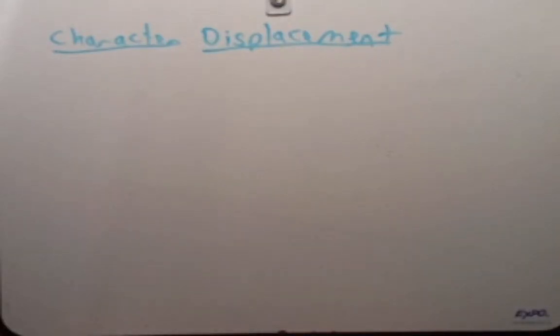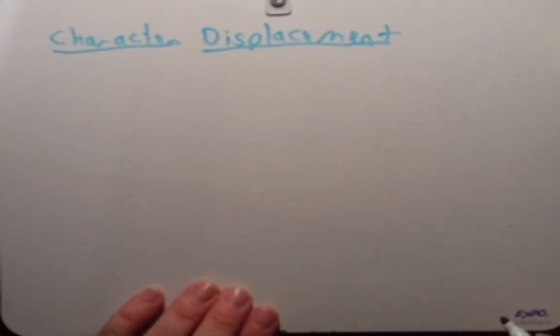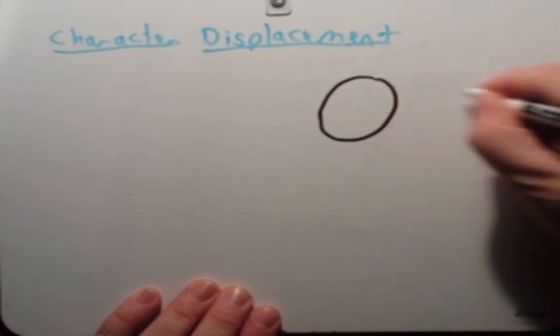All right, let's talk about character displacement. This is related to our last conversation on resource partitioning, where different organisms have to develop new characteristics in order to survive because two species cannot coexist with the same resources. And your book talks about a really good example of the finches on the Galapagos Islands. And so I'm going to just draw 3 large islands here.